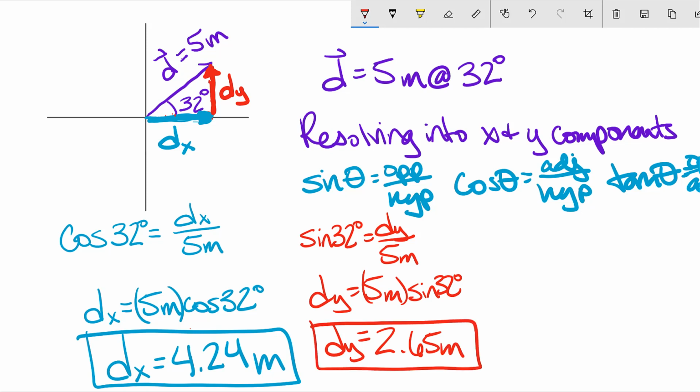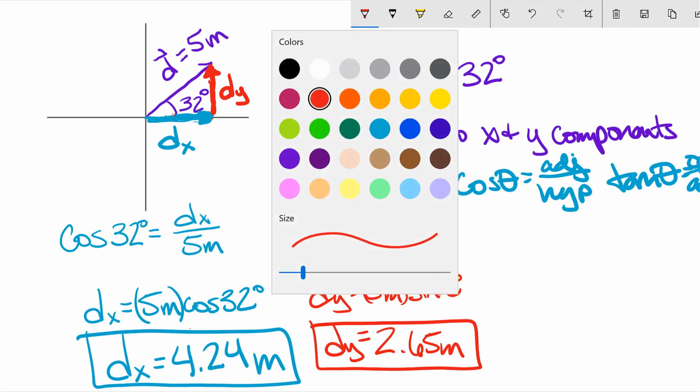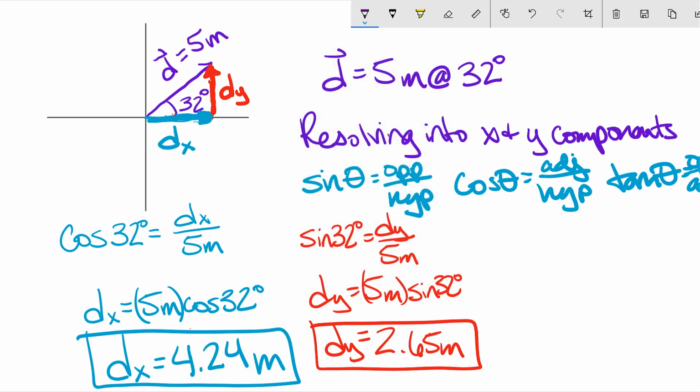All right, if we want to write this in i hat, j hat notation, the ijk notation, go back to my purple color. We could totally write vector D. Remember we said our x direction was our i hat and our y direction was j hat.